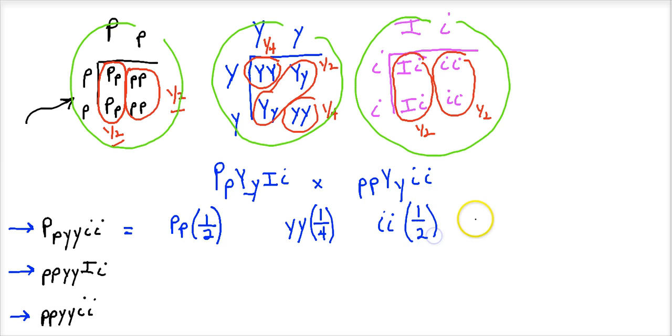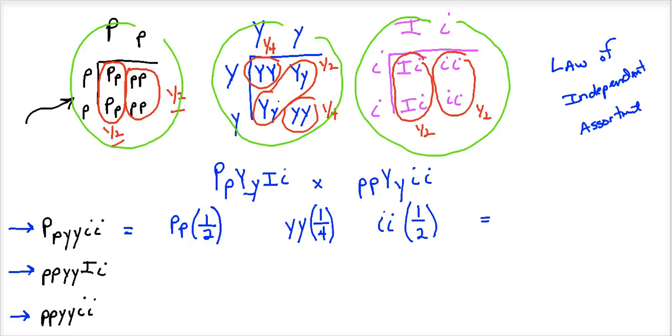Now, do I add or multiply these? The question is, are these independent events? Hello, law of independent what? Assortment. Yes, you're going to multiply these. This coming together has nothing to do with that. Flipping the first coin heads has nothing to do with flipping an entirely different coin heads.